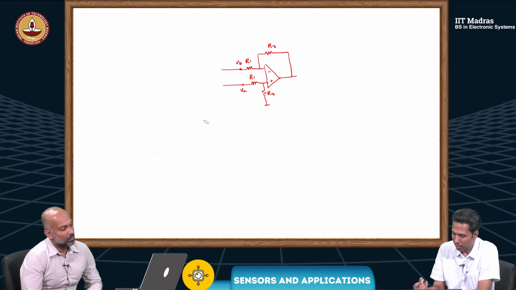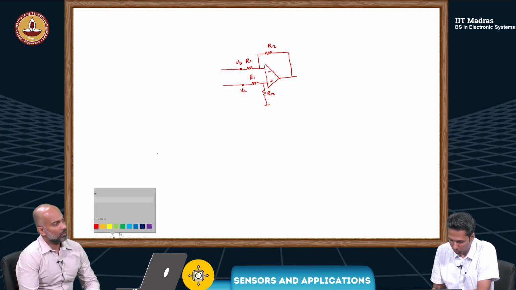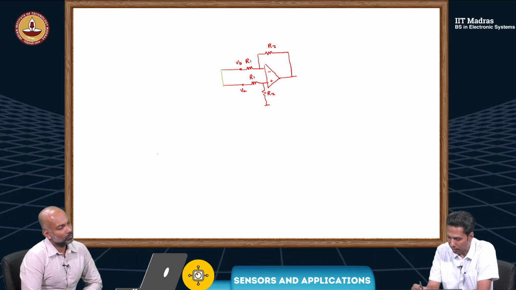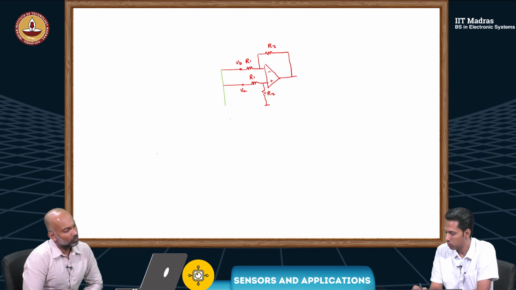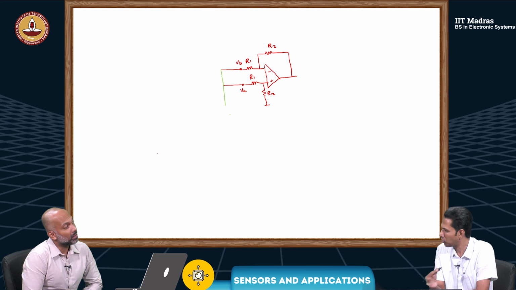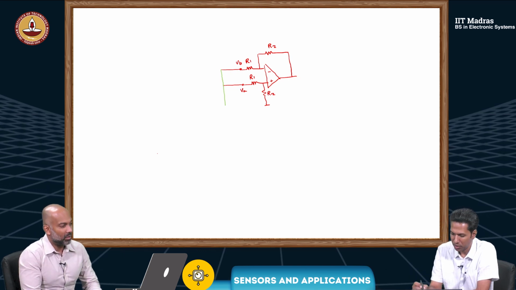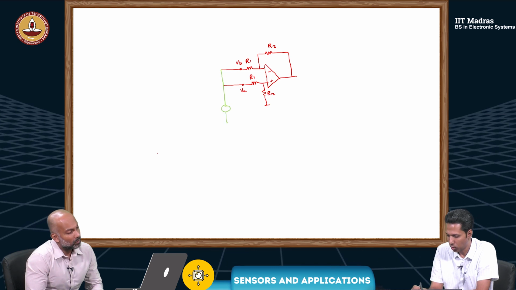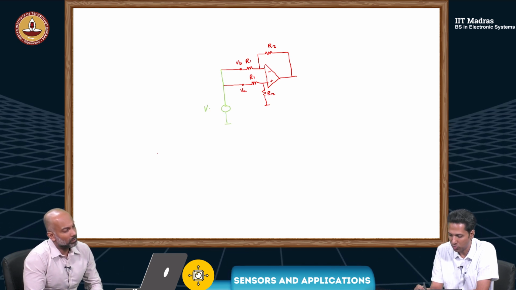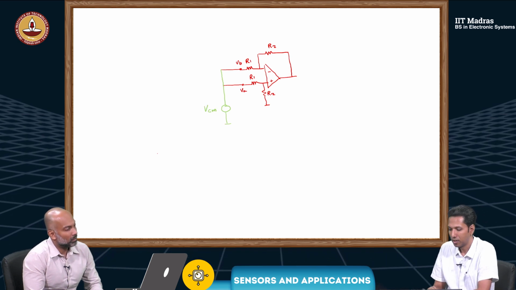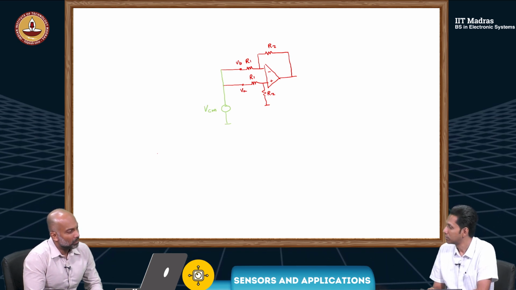Before that, I wanted to bring in one more point. This unit, let's say I connect these two and then give the same voltage. Not for the bridge, I just connected these two to some voltage source. Maybe I'll call it VCM. What will be my output?